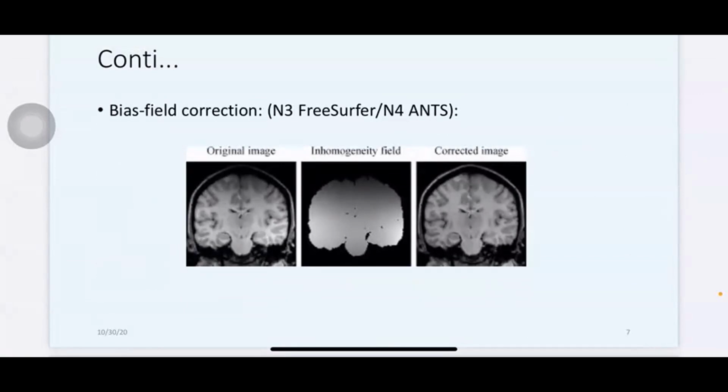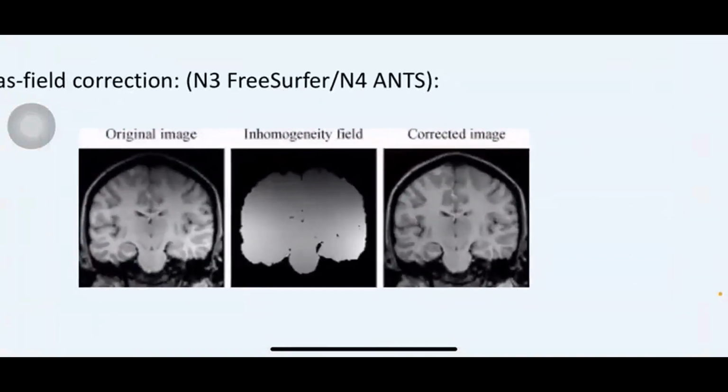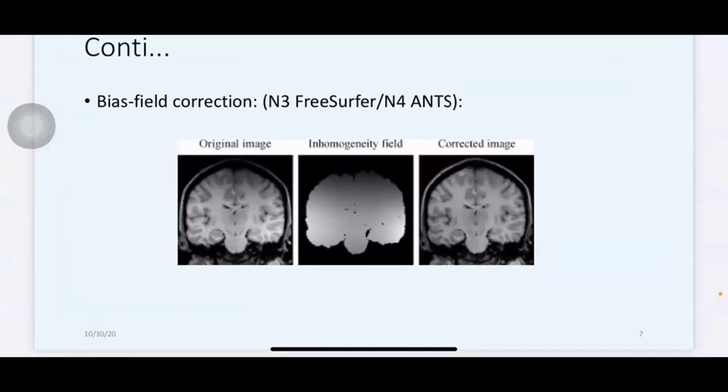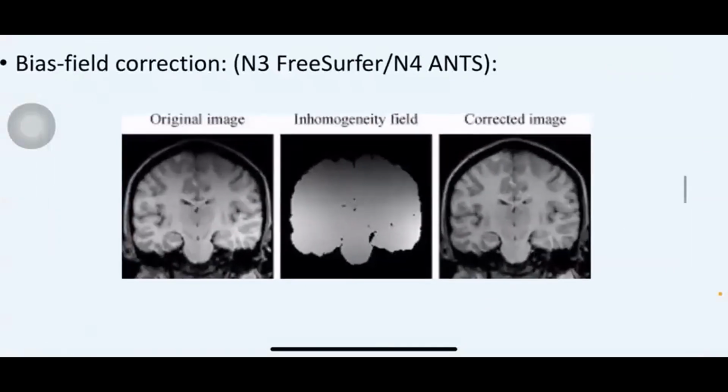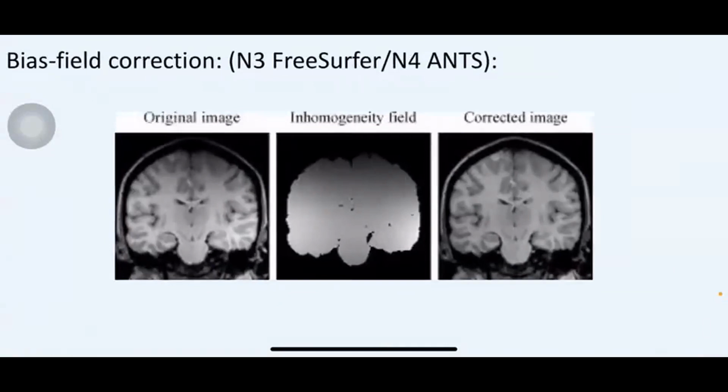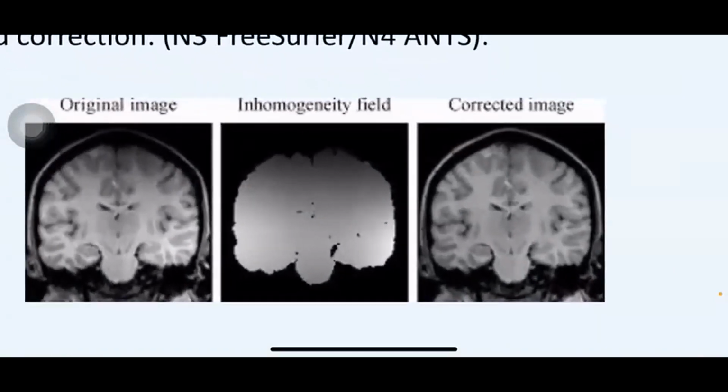So N4 is a bit advanced version of N3, so that gives you a more low-frequency intensity removed version. So here the bias field is the inhomogeneity field due to the variance of the magnetic field strength along the core. So you can see that in the middle image, and once it is corrected, you can see the slowly varying intensities are removed.